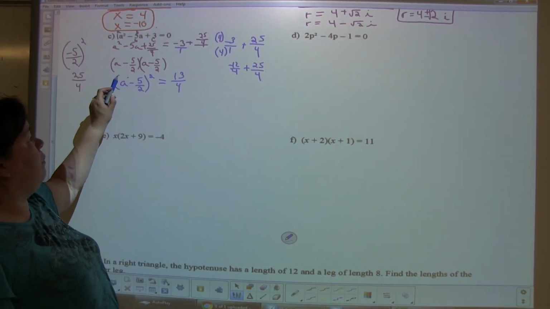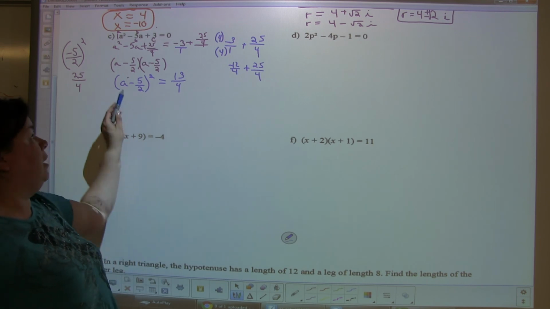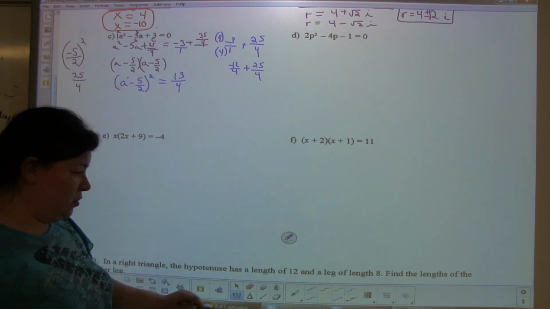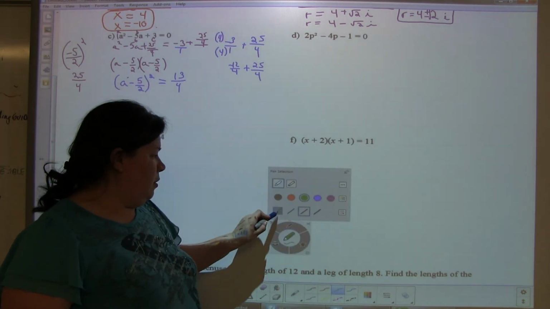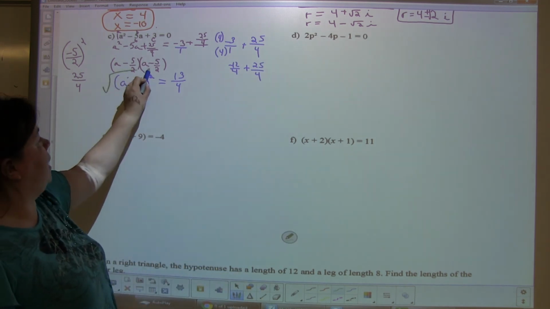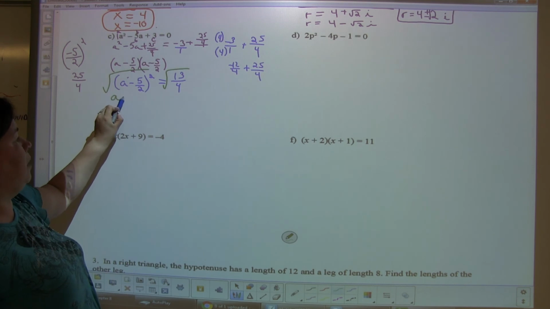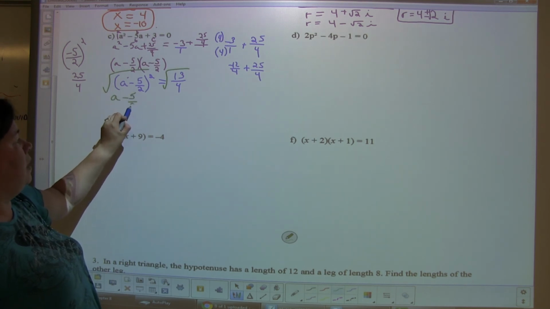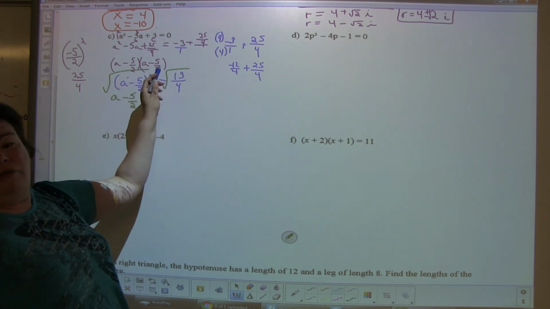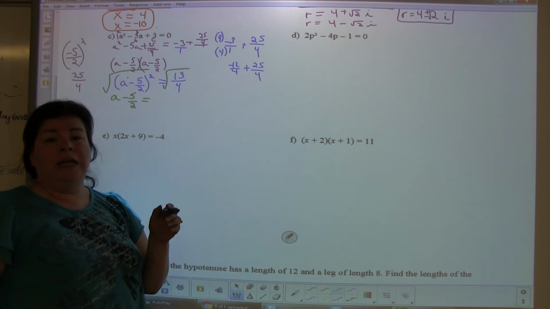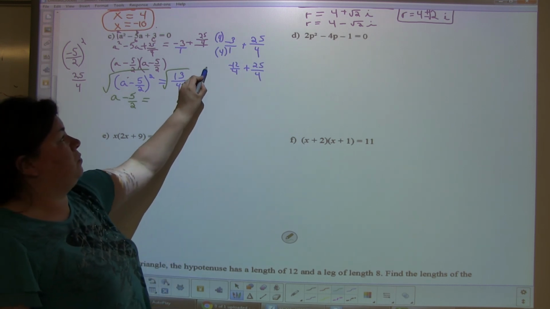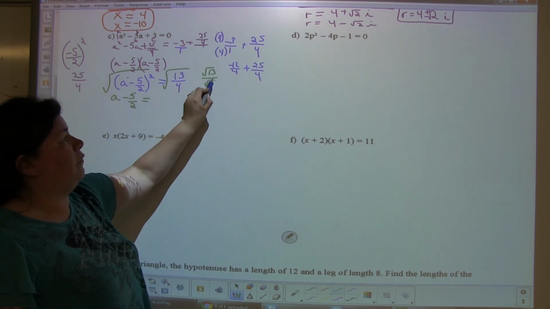Since we want to solve for a, we're going to have to get rid of this square by taking the square root of that. And again, what you do to one side, you have to do to the other. So the square root cancels out, so I am left with a minus 5/2 equals, remember that the square root of 13/4 is the same as the square root of 13 divided by the square root of 4.